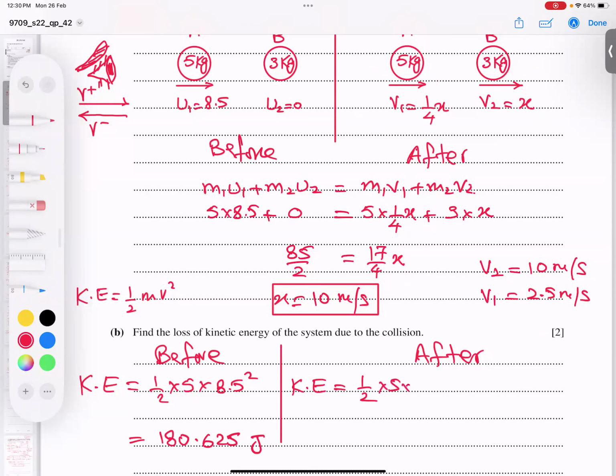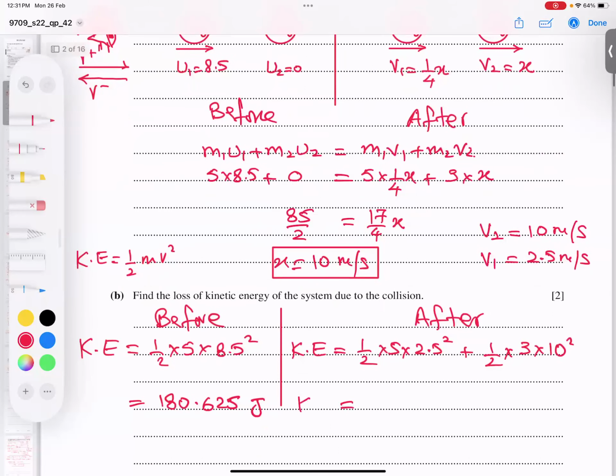Mass 5, v is 2.5 squared, plus, for B with v2, half mv squared, mass is 3 and v is 10 squared. So again, I will just calculate.